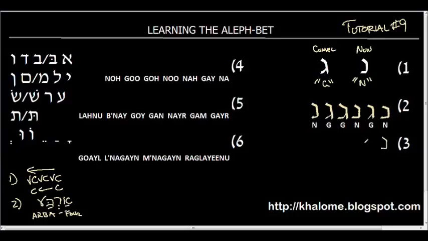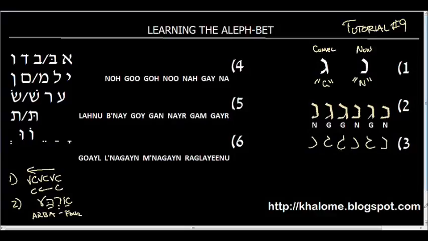Typically I'll do it like that, and that would be a Nun in the handwriting script. The Gimel is a little bit different. It kind of looks like a C, but with a little stem on top. You might see it this way, or you might see it more like this. And then finally the Nun again.